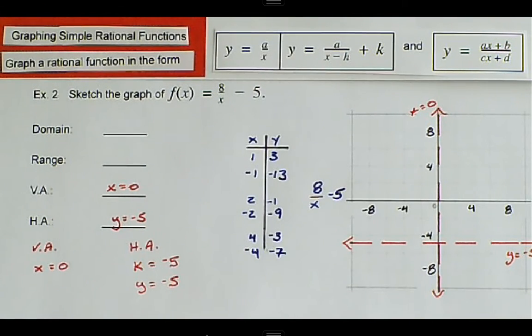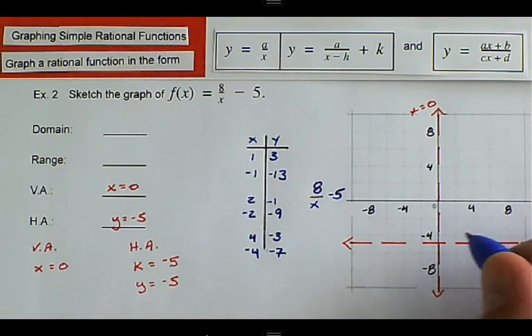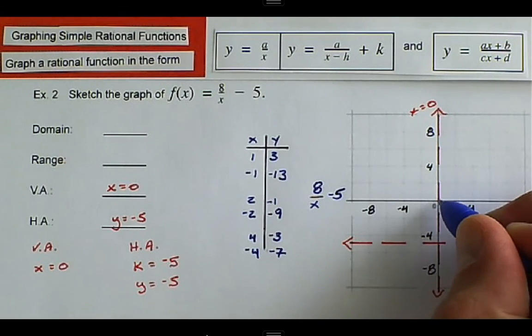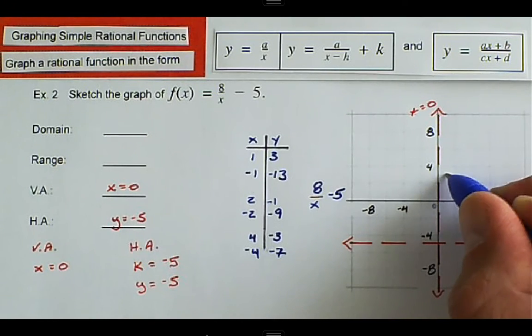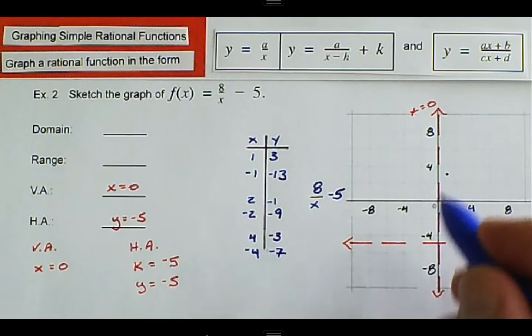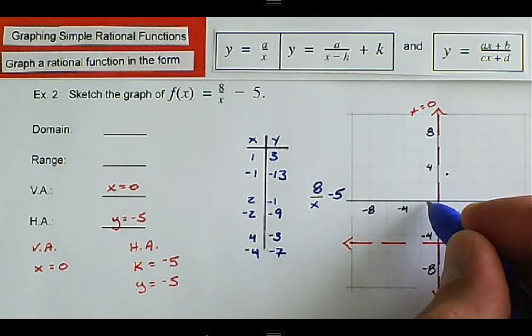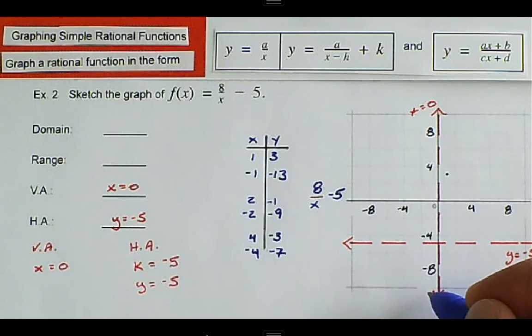And so we can go ahead and plot those points. So we get the point 1, 3. So we go over 1 and up 3. Then we go -1, -12, which is a little bit off our graph, but it'll be down here.